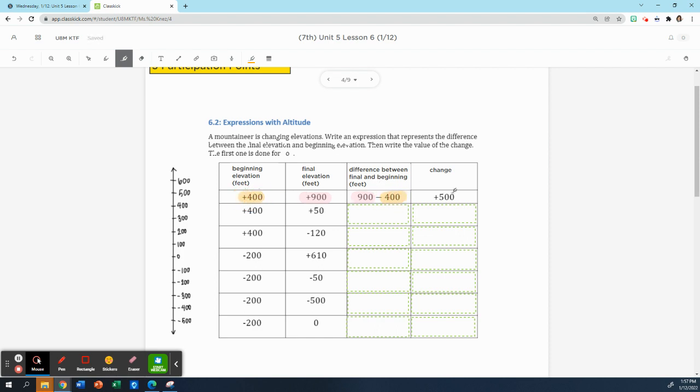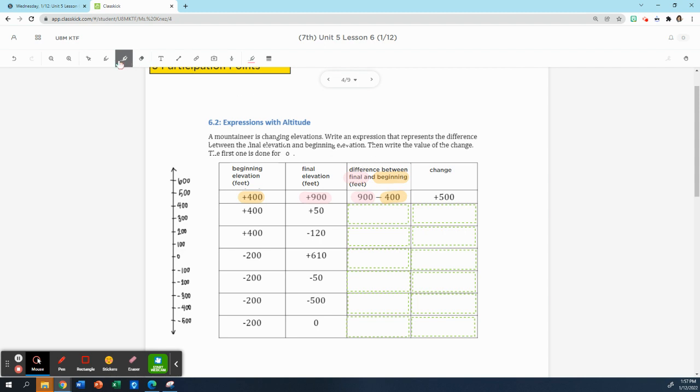We know that to get the change, we need to take away the beginning from the final. Notice that in the directions, it tells us to find the difference between the final and the beginning. Because final is listed first, we know that final is what we're taking away from.